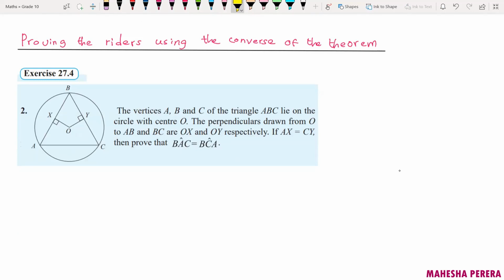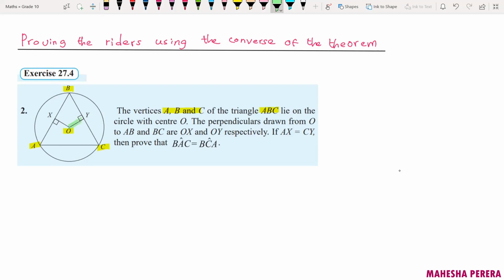The vertices A, B, C of the triangle ABC lie on the circle with center O. These are the vertices of the triangle and they lie on the circle and the center is O. Next, the perpendiculars drawn from O to AB and BC are OX and OY respectively.